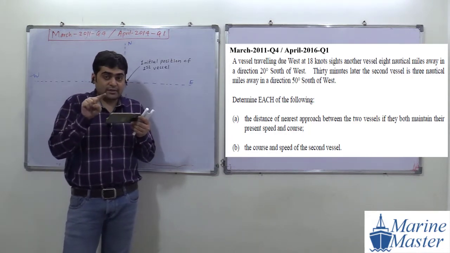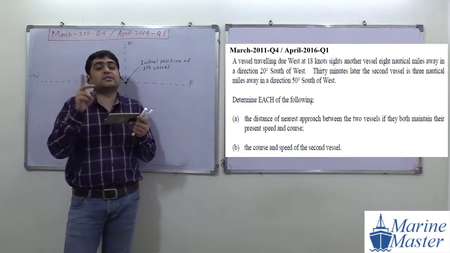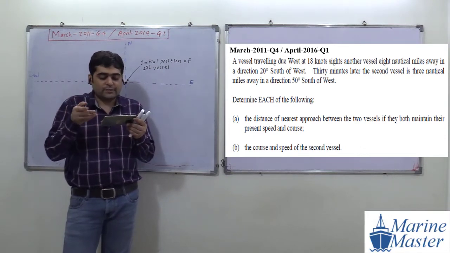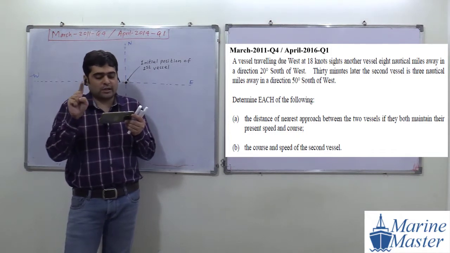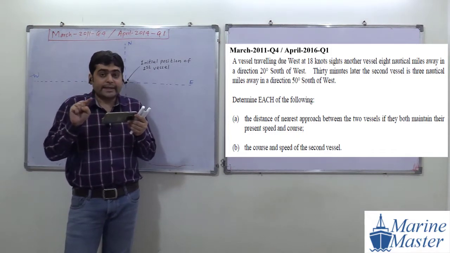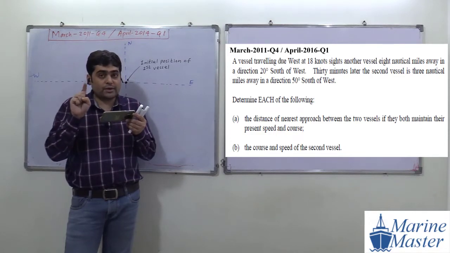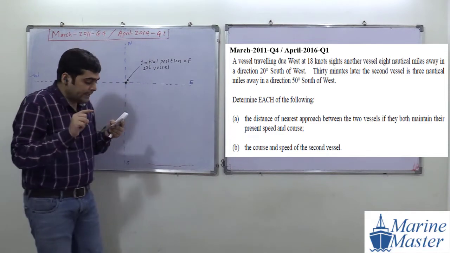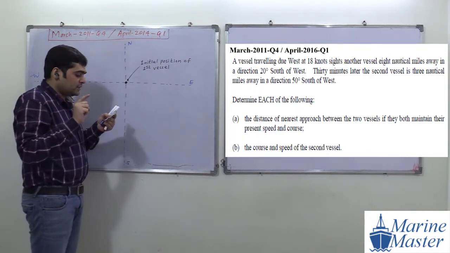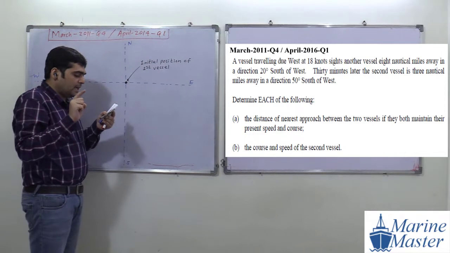So the first vessel observed the second vessel in which direction? At how much distance, guys? 8 nautical miles away, in a direction 20 degrees south of west. Try to see the scenario here.